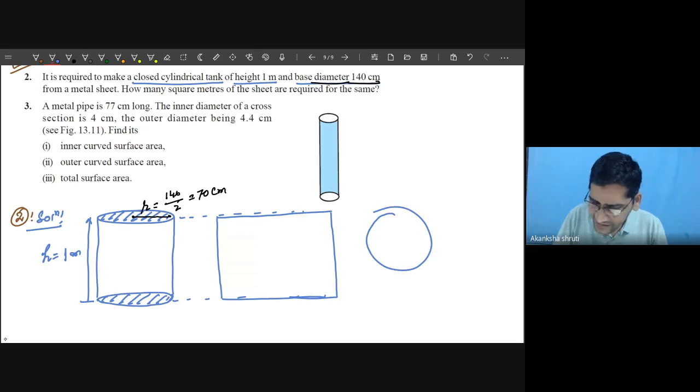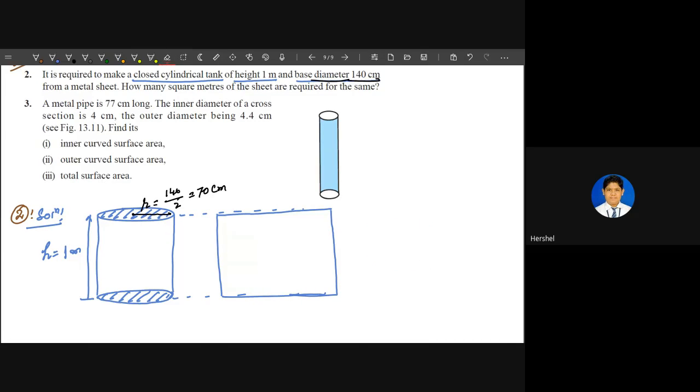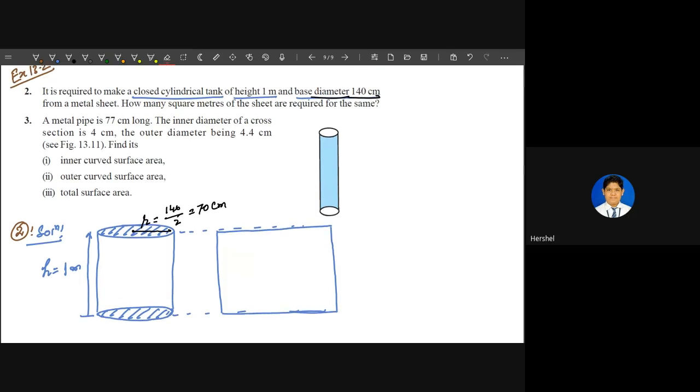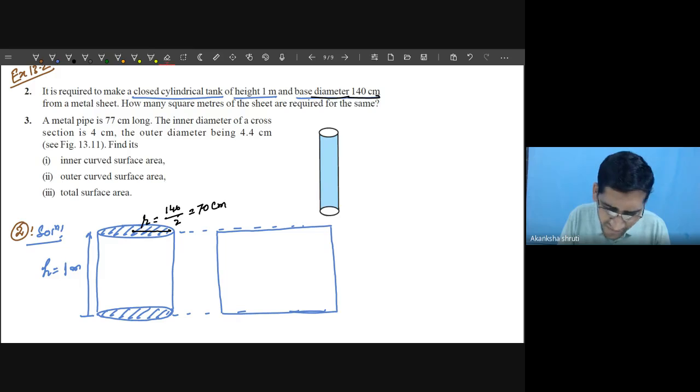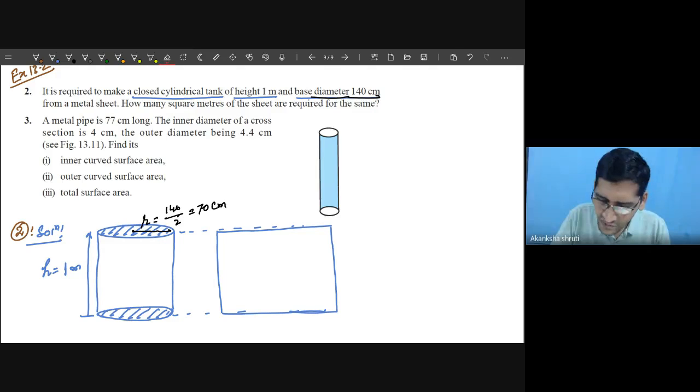Yes, tell me. Sir, it's 43 centimeter. Which one? It is 140, student, it is not 43. Observe it carefully. It is given here in the question that it is 140 centimeters.